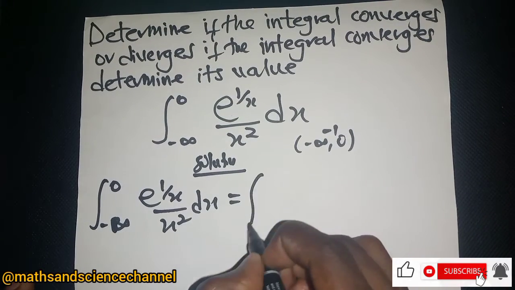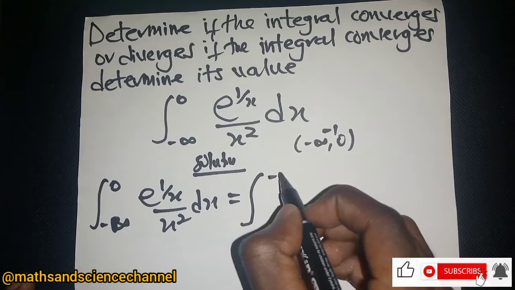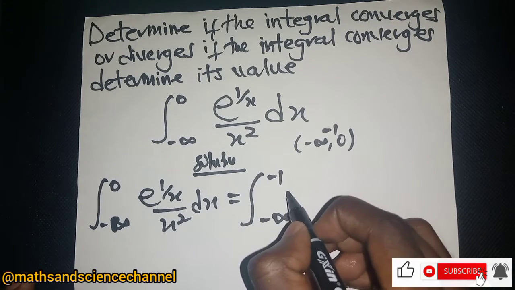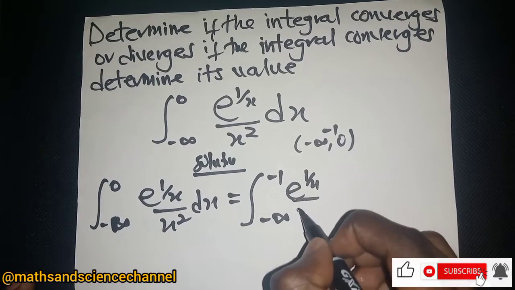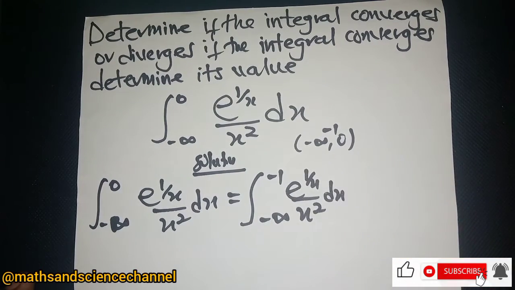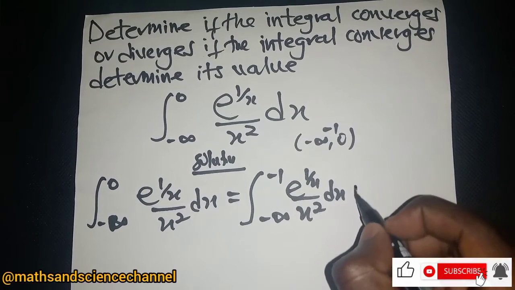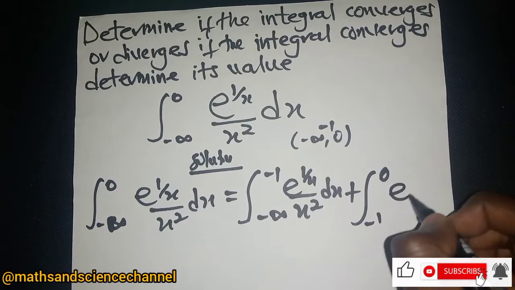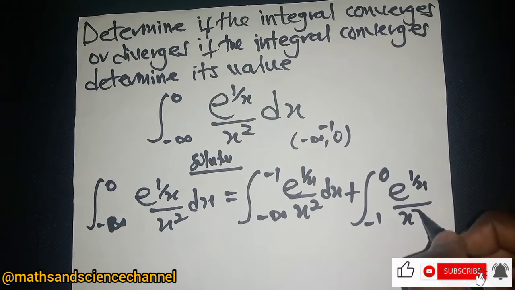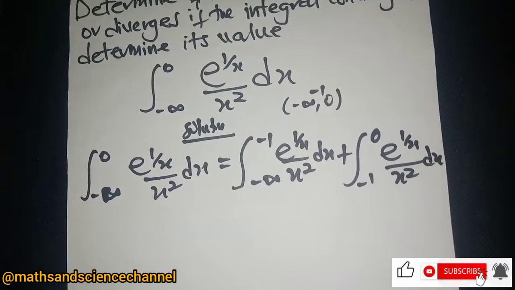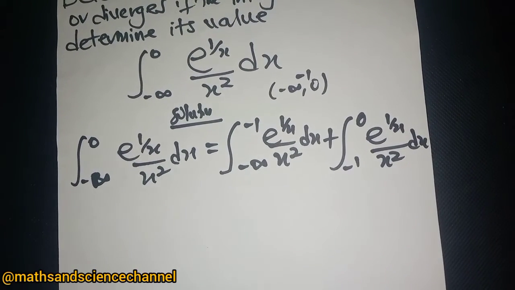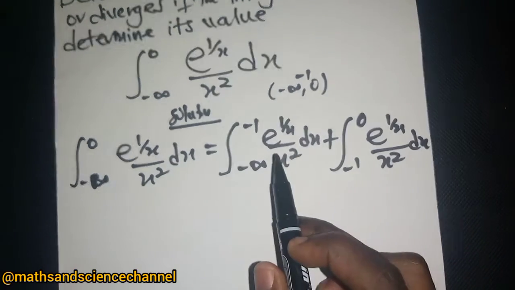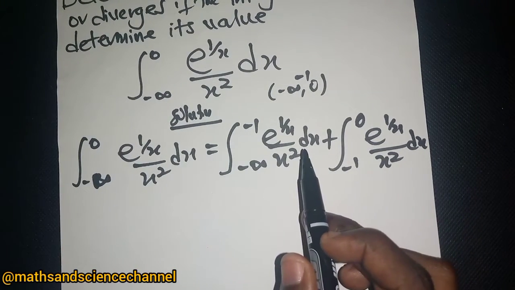In splitting the integral, we have it from negative infinity to negative 1 of e to the 1 over x over x squared dx, plus from negative 1 to 0 of e to the 1 over x over x squared dx. We split the integral only because we must be sure that both integrals converge.